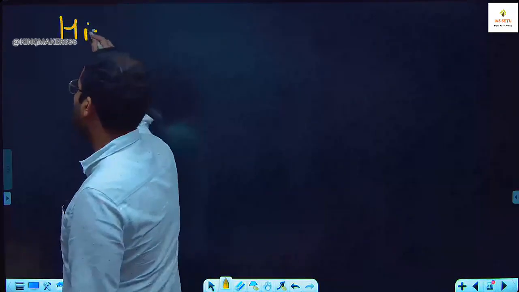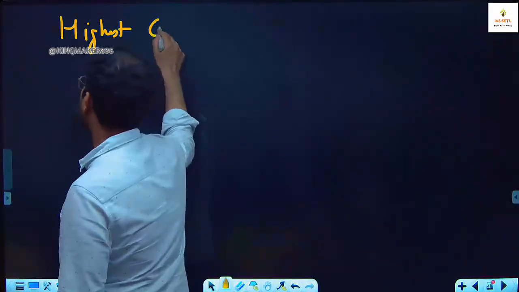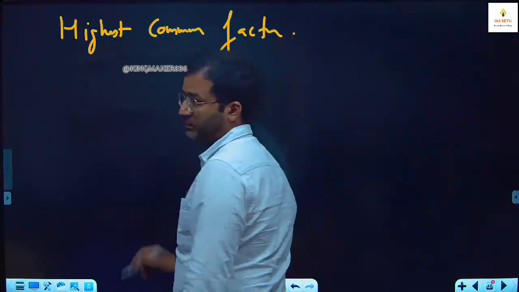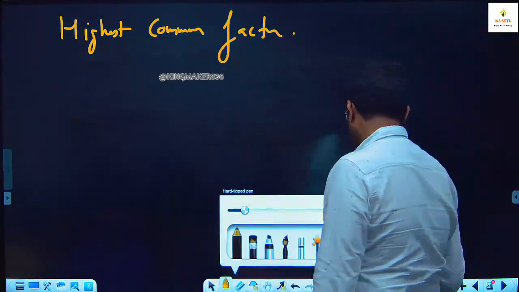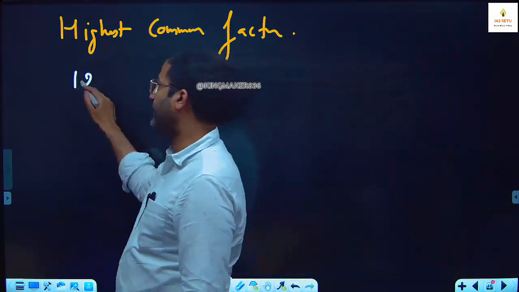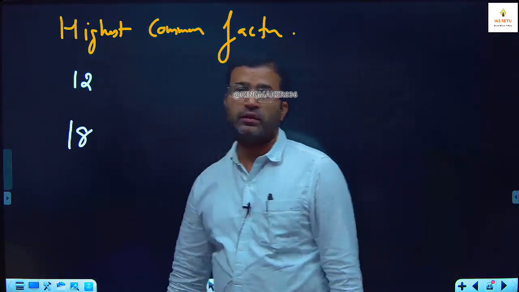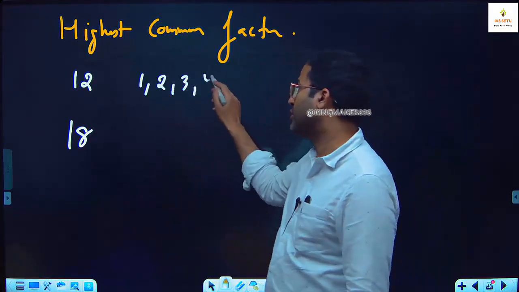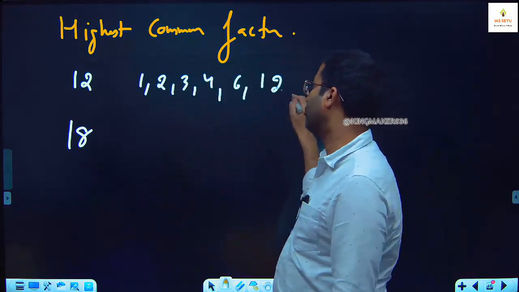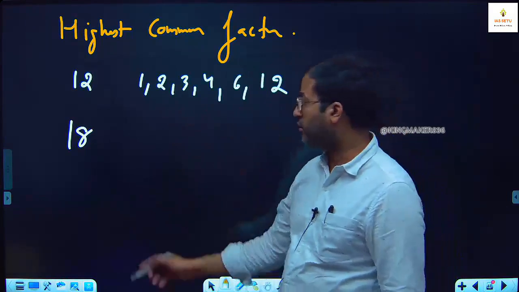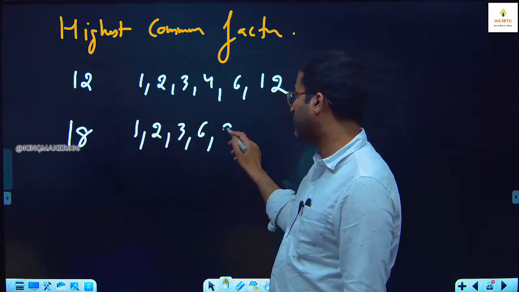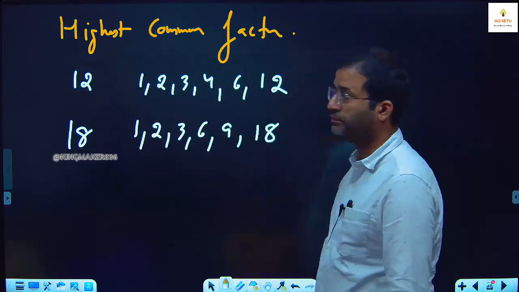What is the full form of HCF? Highest common factor. I take numbers like 12 and 18. What are the factors of 12? 1, 2, 3, 4, 6, 12. What are the factors of 18? 1, 2, 3, 6, 9, 18.